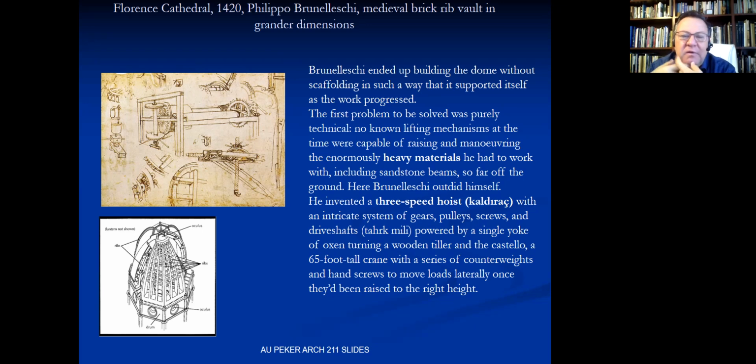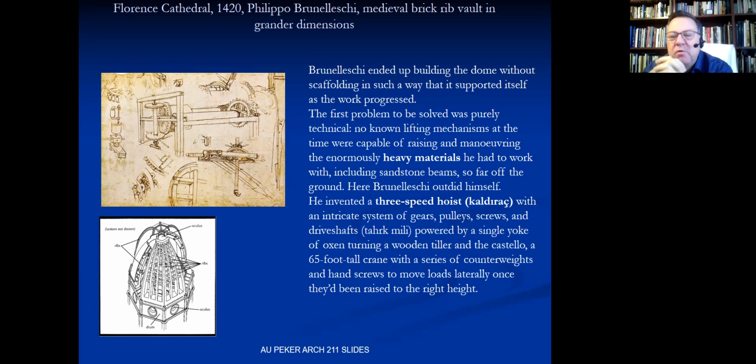The only technological innovation would be to construct lifting mechanisms for the stones and bricks to be raised from the ground to the level of the dome. This also was designed by Brunelleschi, and this is named the three-speed hoist, kaldıraç in Turkish.